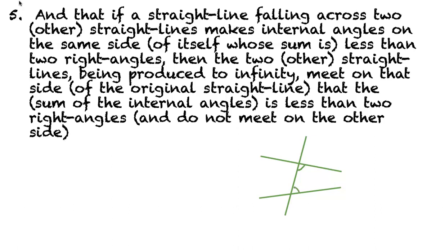And it said if the sum of these two angles is less than two right angles, then if we extend these two lines, they will intersect, and they only intersect on the side where those two angles are, not on the other side.